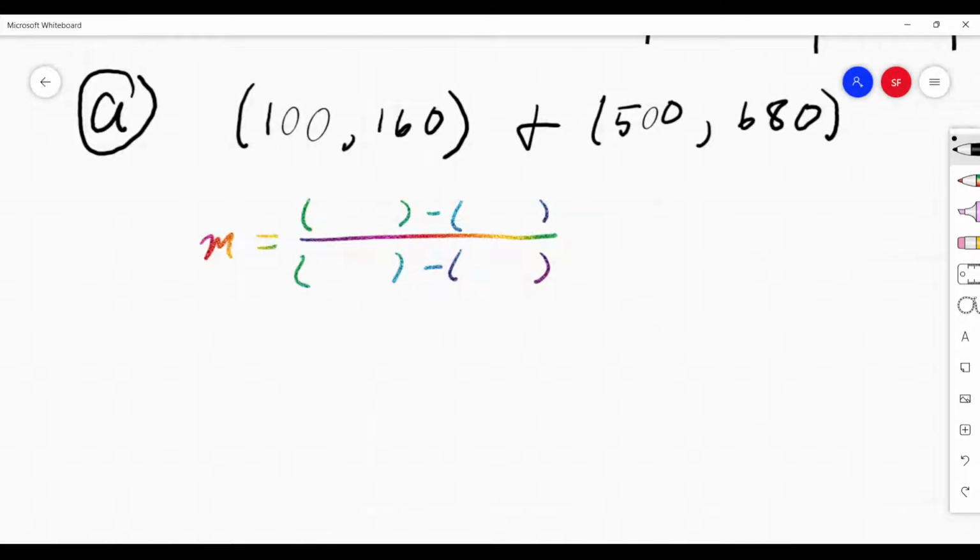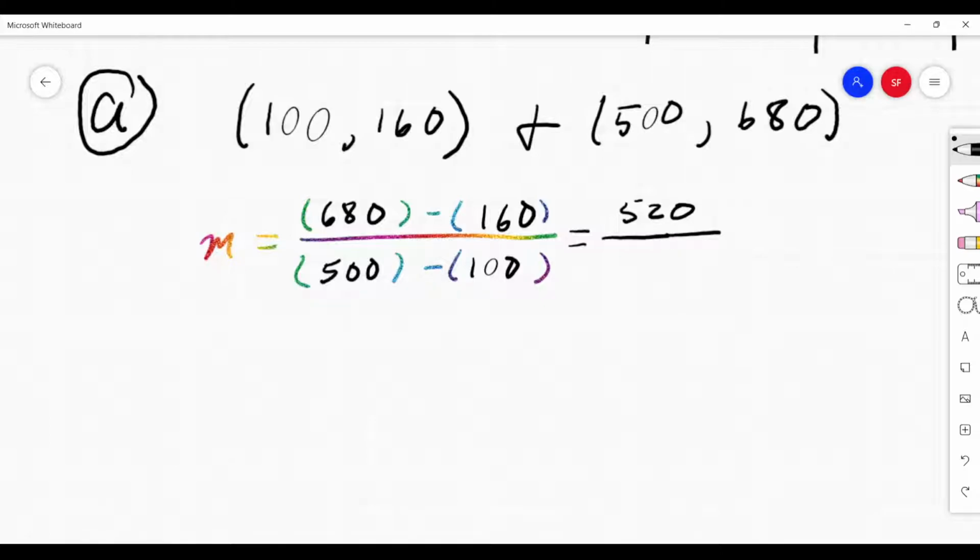What are we going to put right here? 680. And here? 160. And then here? 500. And here? 100. 680 minus 160 is what? 520. 680 minus 160 is 520.